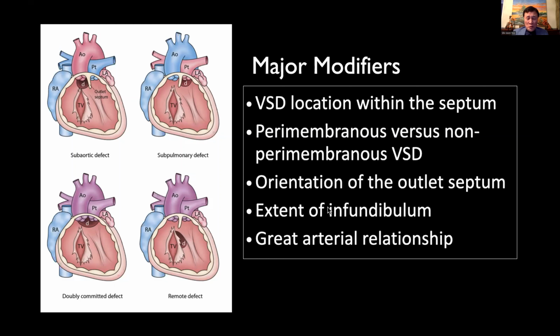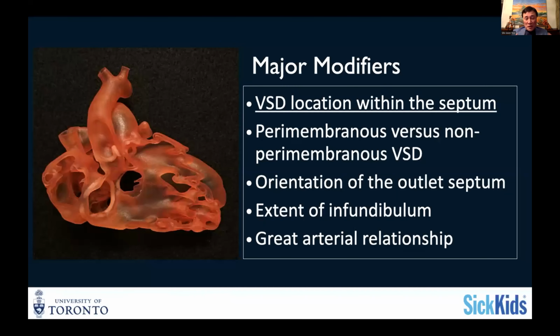Also important is the extent of the infundibulum, whether it is absent, really long, or short. That makes your distance from the VSD very different with an almost identical location of the VSD. And the great arterial relationship, whether normally related, side by side, or aorta on the left side instead of the right side.